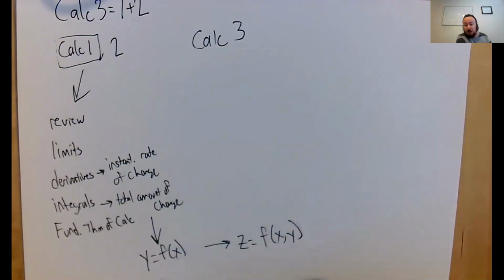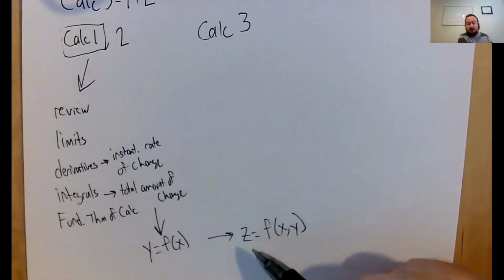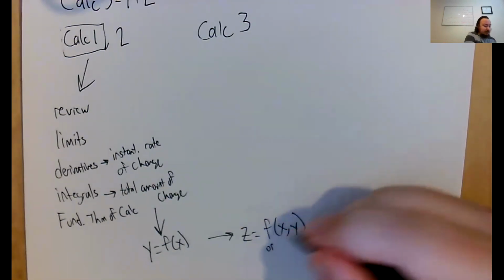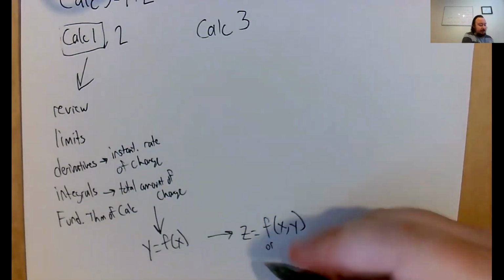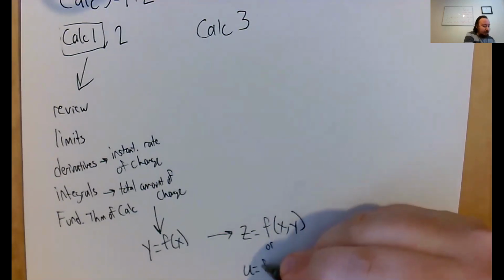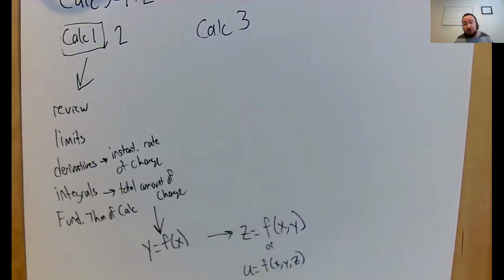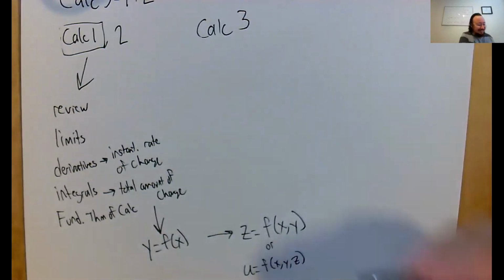So rather than seeing y equals f of x, we're instead going to see maybe z as a function of x and y. And there's no reason why we can't expand further past this. We could have maybe u as a function of x, y, and z. And as we'll see, most of the things we learn in this class apply to functions of any number of variables, 2 or larger. So you kind of get all of those for free.